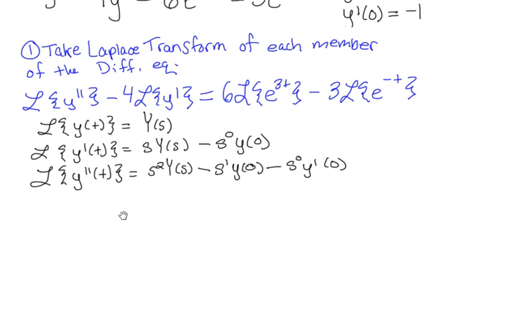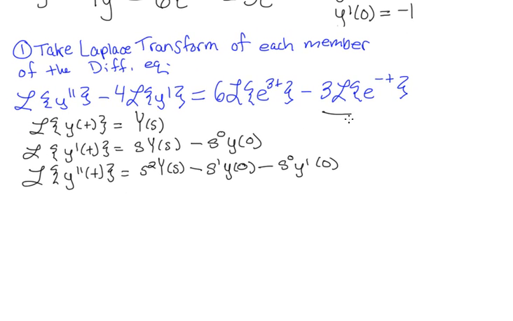Alright, so where did I get this from? The Laplace of y of t, the Laplace of y prime of t, and the Laplace of y double prime of t? I got it from this.